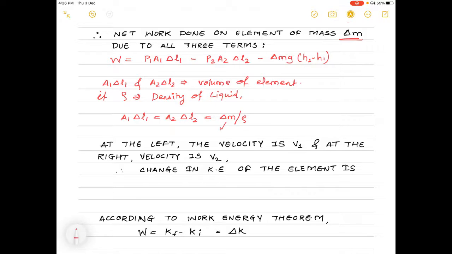Now what is delta M? It is the mass of the liquid element, and rho is the density of that liquid. So again we have used the relation density equals mass by volume, so volume equals mass by density.